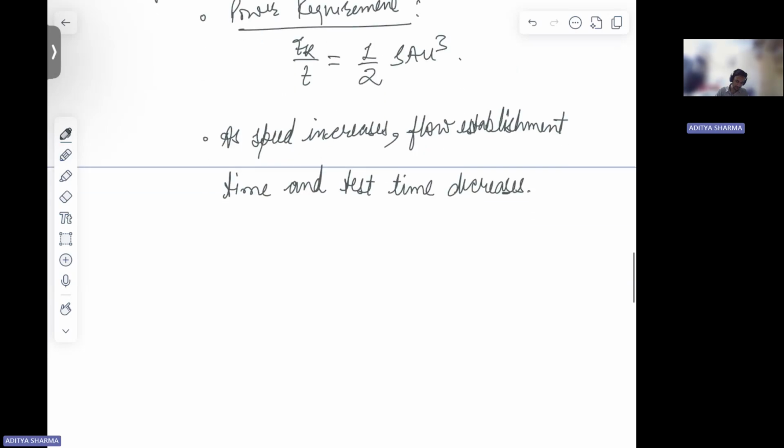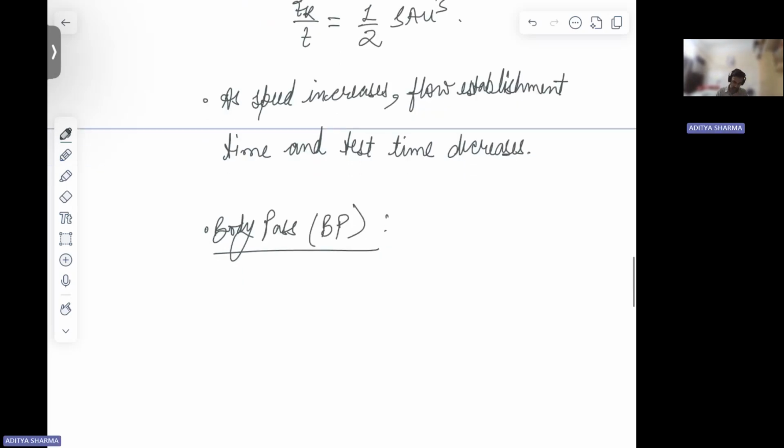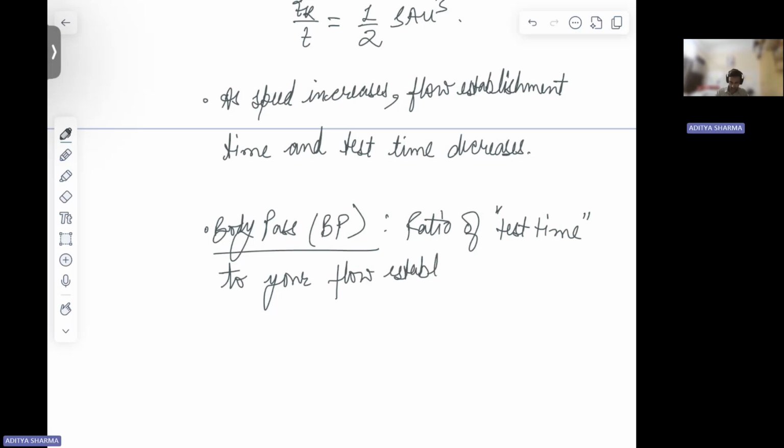Then there is one term, which is body pass, BP. This is the ratio of your test time to your flow establishment time. Okay.